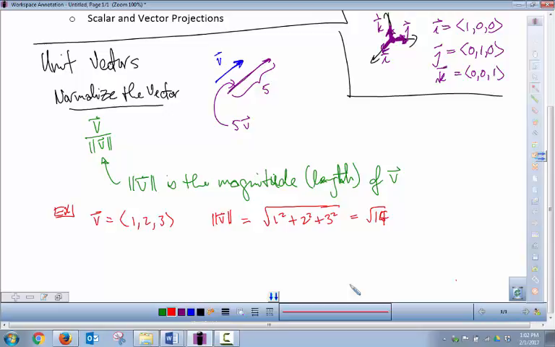Okay, so if we want this vector to have length 5, then we would just consider this vector v and divide it by its magnitude. Well, anyways, the vector v divided by its magnitude is going to be unit length.